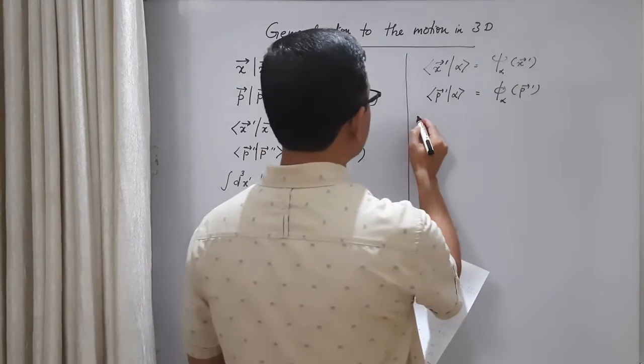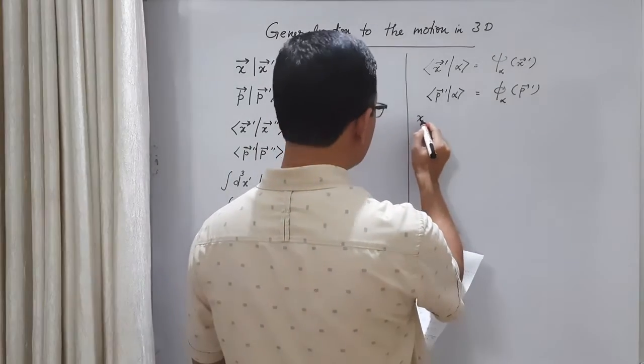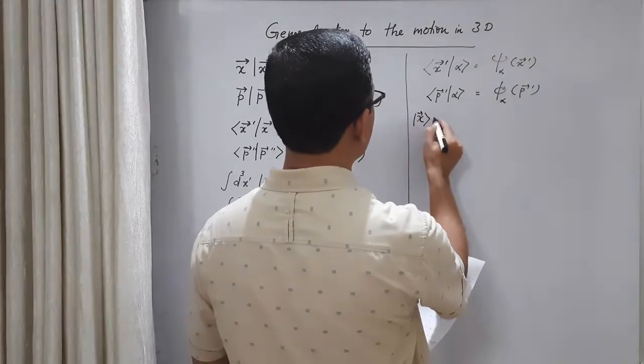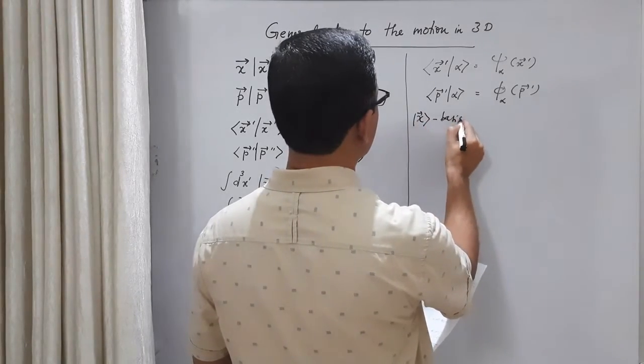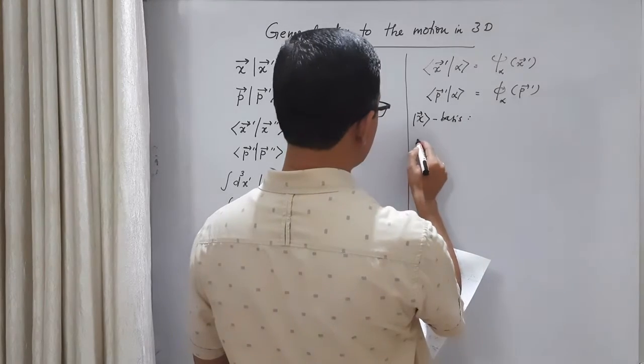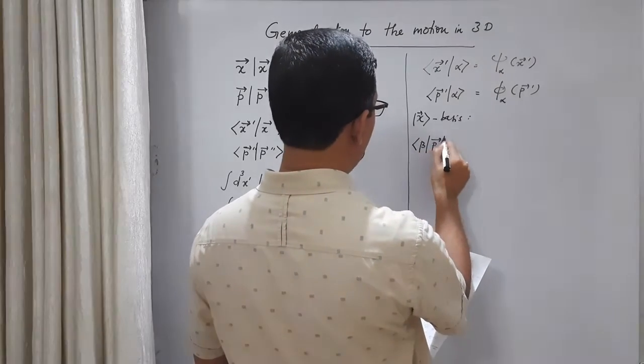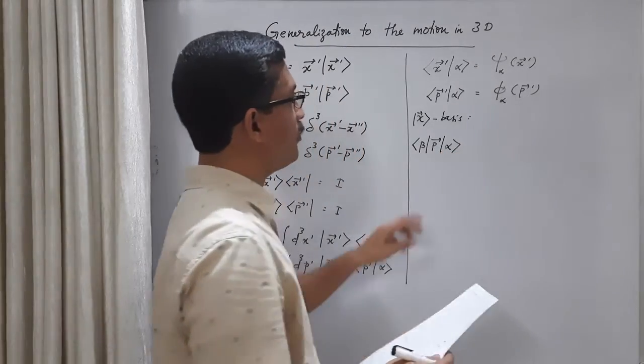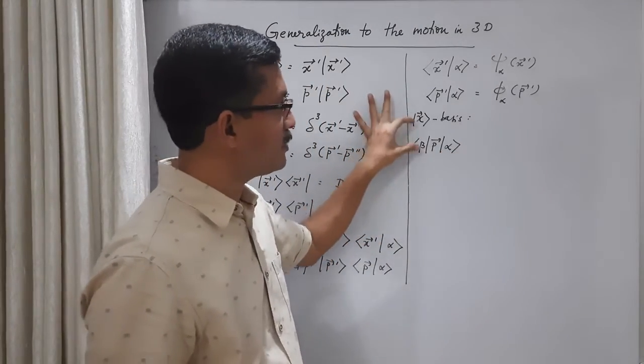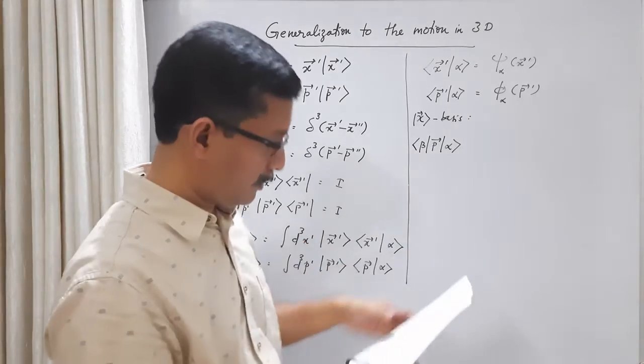Then if we are using the x basis, position basis, in three dimensions, consider this matrix element, bra beta, p, ket alpha, the matrix element of the momentum operator in position basis between two different states.